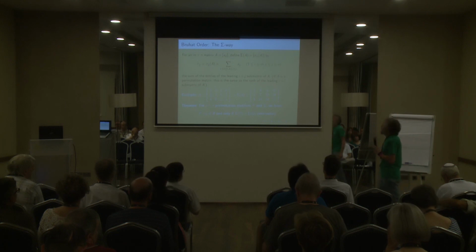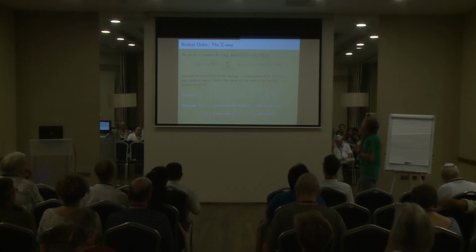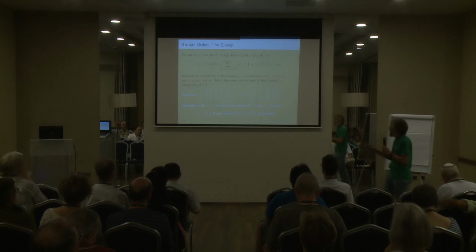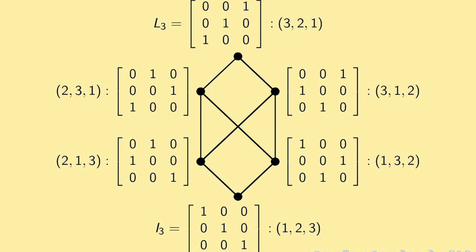Namely, start with any matrix whatsoever and define the matrix sigma of A, I'll call this sigma notation, by simply adding up: the ij entry of sigma of A is the sum of the entries in the leading i by j submatrix of A. So there's an example there, and for instance, this 10 is in the 2, 3 position, so if I look at the 2, 3 over here, you can add up those entries, you get 4, 6, 7, 10.